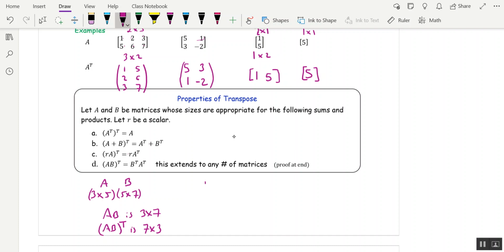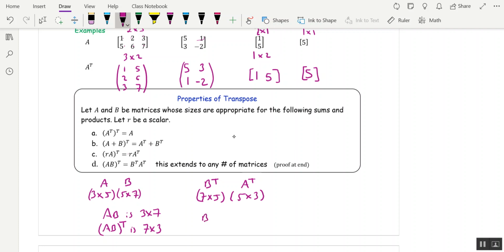Now let's look at B transpose. B transpose is going to be a 7 by 5. And if I multiply on the left by A transpose, which is a 5 by 3, notice those inside dimensions match. The 5s match. That's great.